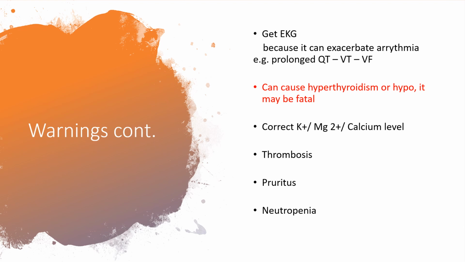But when it's not horribly high, maybe we counsel on diet and stop medications like potassium-sparing medications. And then we give Kayexalate, okay? Correct magnesium, because low magnesium level will give us prolonged QT, and of course calcium level.